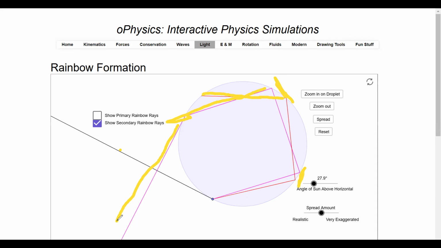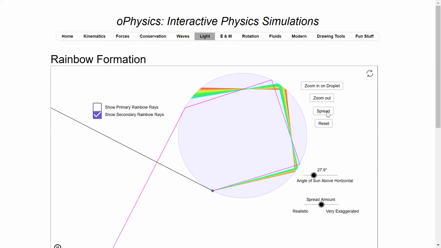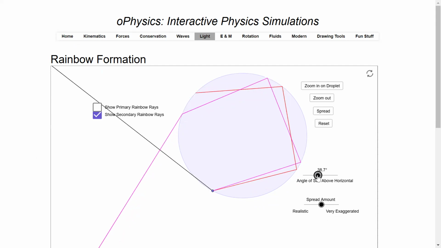So it is called secondary rainbow formation, caused by the second refraction. Now you may be clear with that. So rainbow formation is like that. We can make a small increase of angle, because the angle is also important.